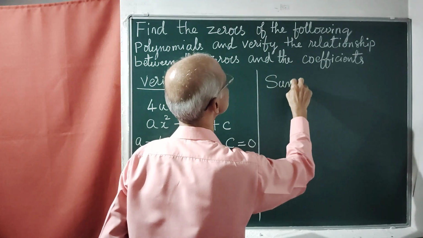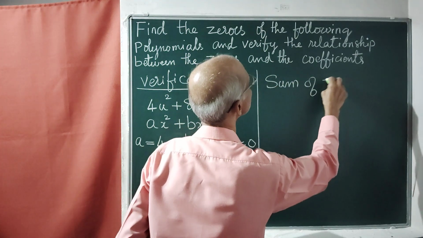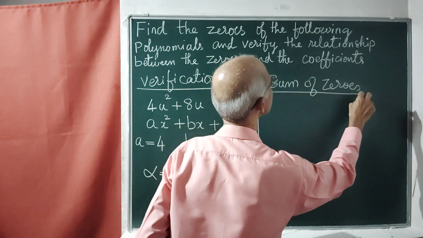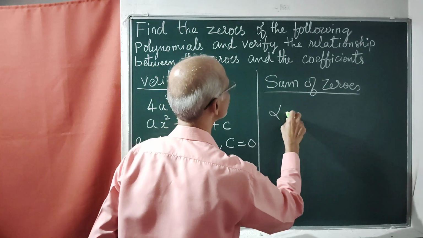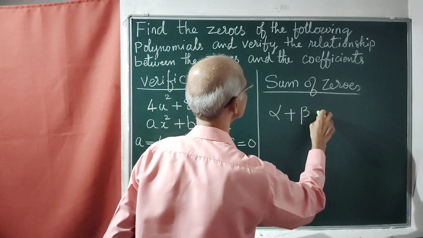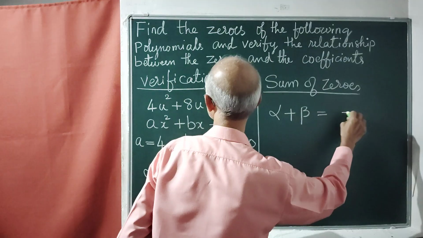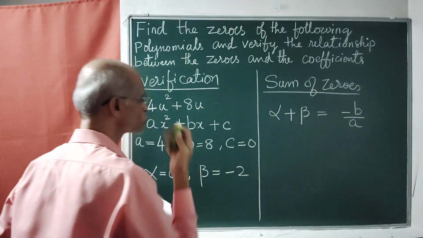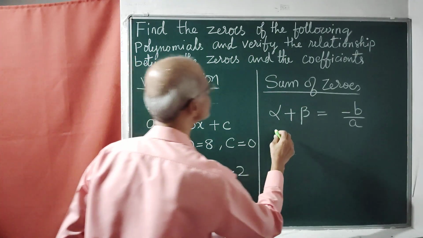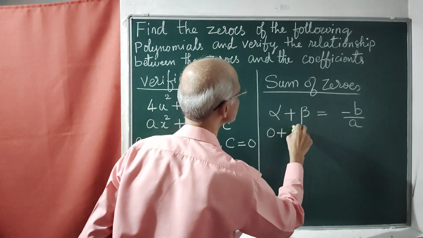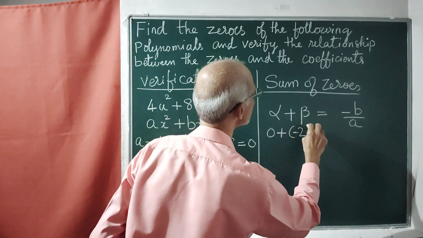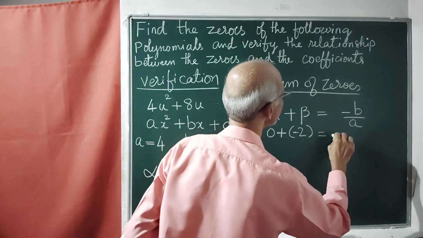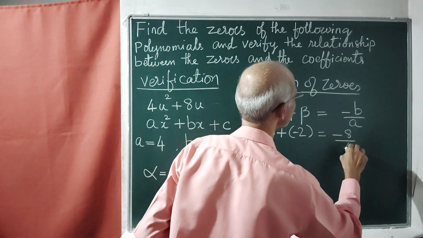Sum of zeros. Alpha plus beta is equal to minus b by a. So alpha plus beta means 0 plus minus 2 is equal to minus 8 by 4.